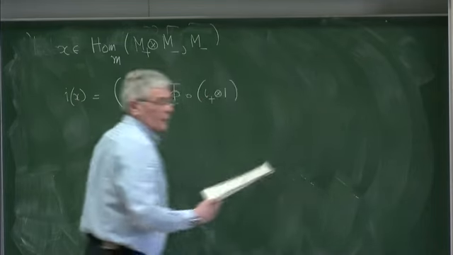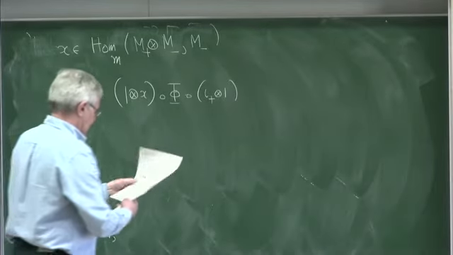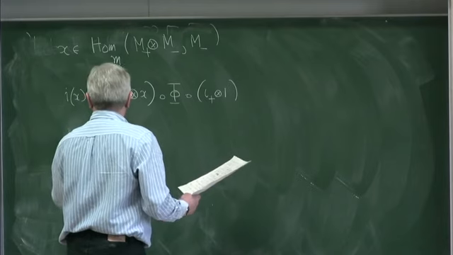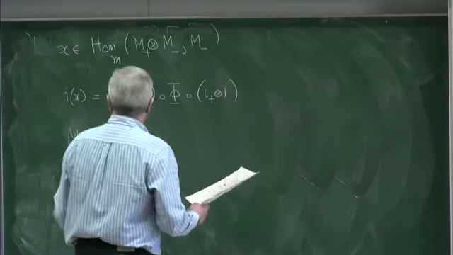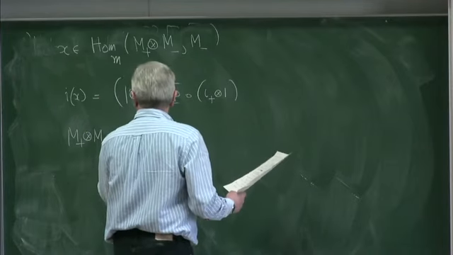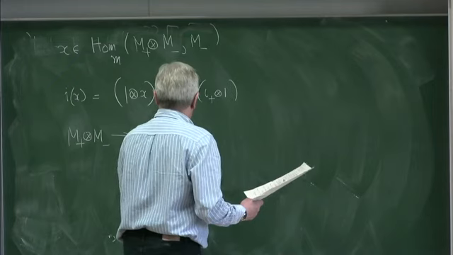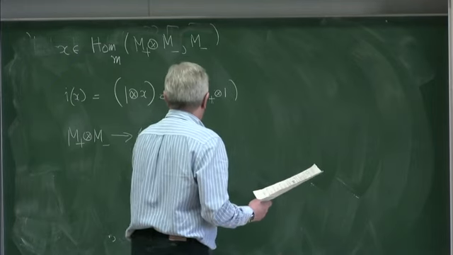So it's given like this: M plus tensor M minus into M plus tensor M plus tensor M minus.